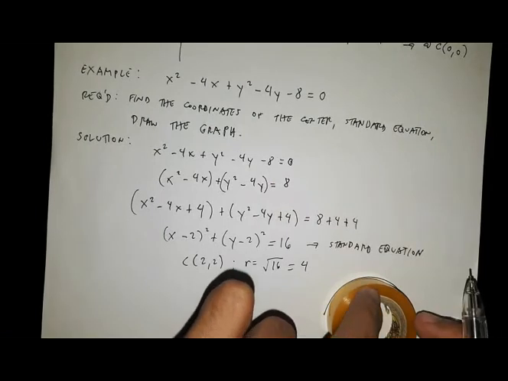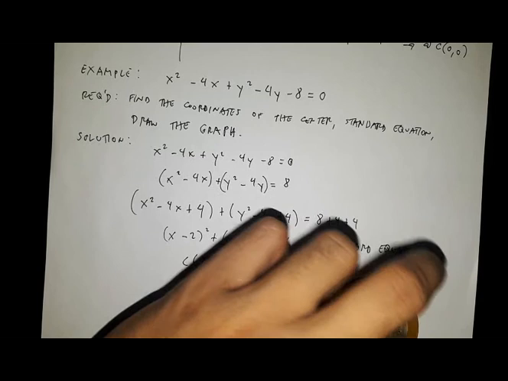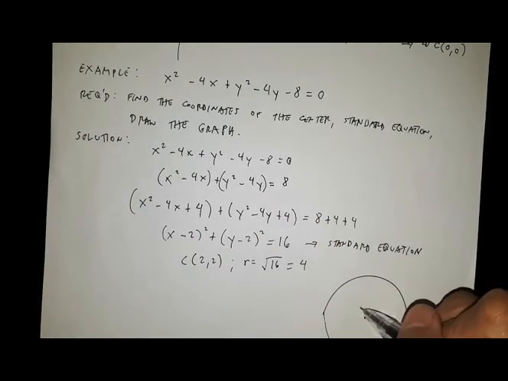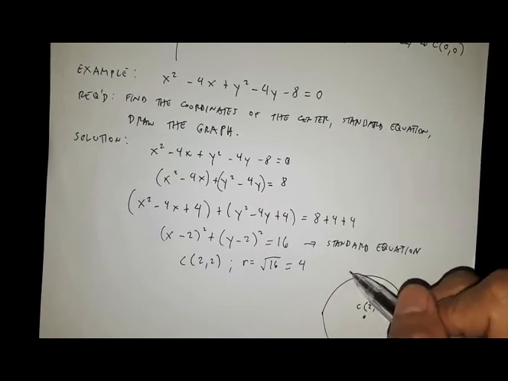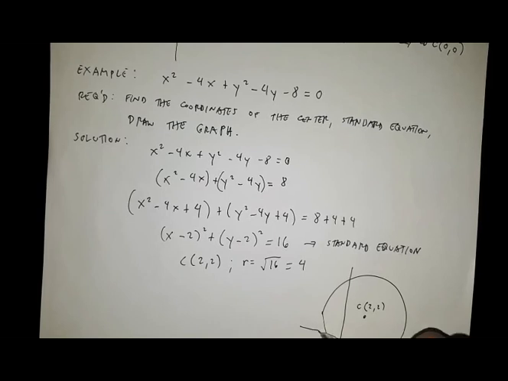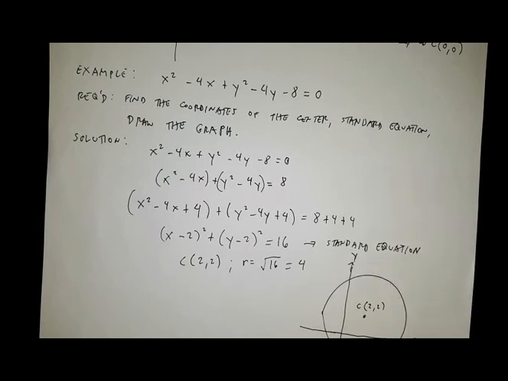So this is your circle. So this is your center. So your center is located at (2, 2). So this is your y-axis, x-axis.